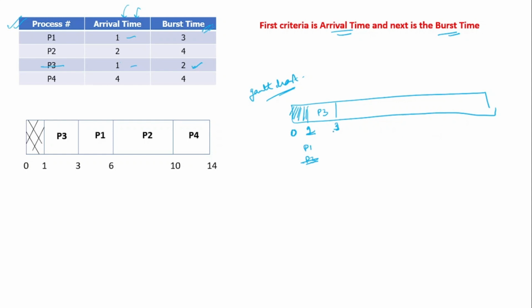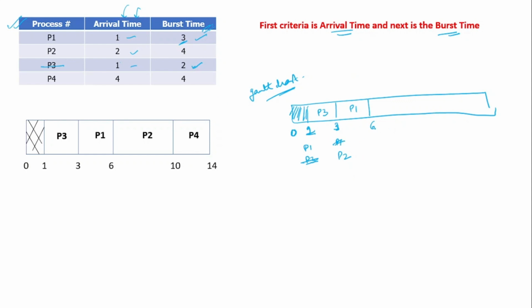Now at 3 seconds, how many processes do I have? P1 I already have, and P2 is also there now. Both P1 and P2 are there, but the shortest burst time is of P1, so P1 gets executed for 3 seconds and is completed.